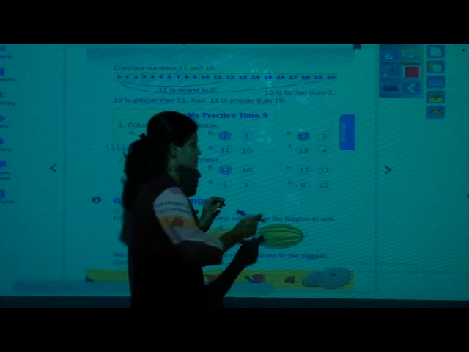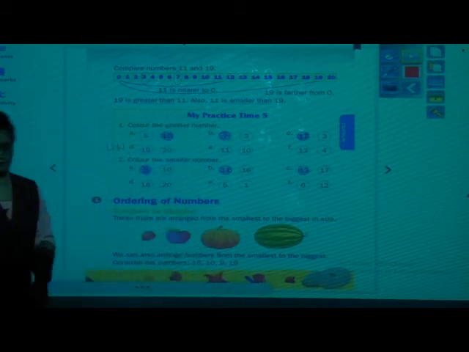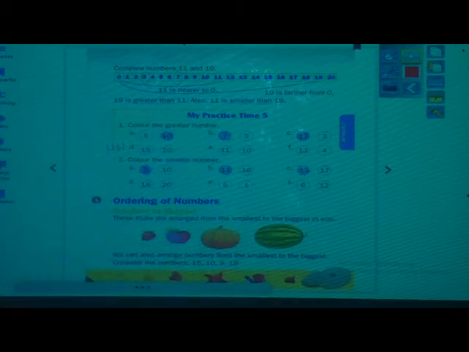So 13 is smaller. Do it. Done. Finish. Do it fast.